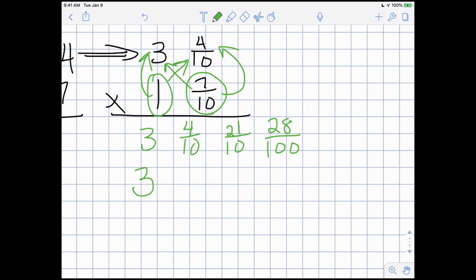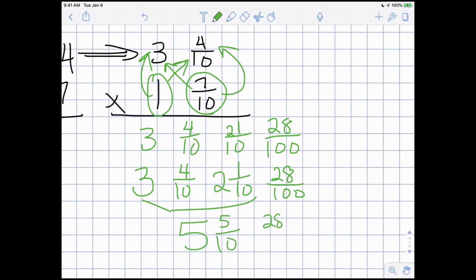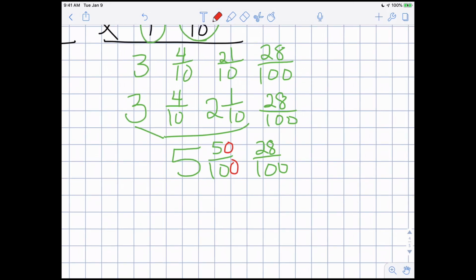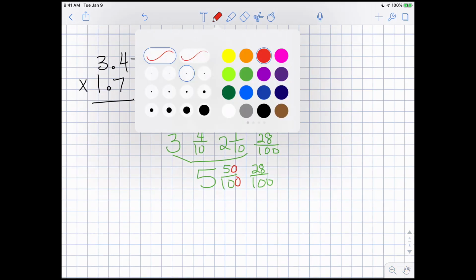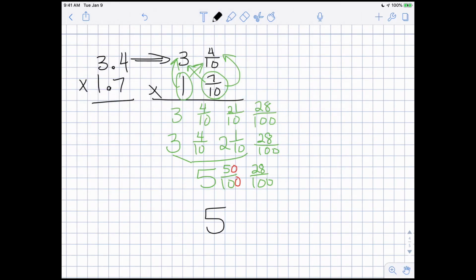So you get 3, 4/10, 2 and 1/10, 28 hundredths. Putting these together, you get 5 and 5/10 plus 28 hundredths. And that's where you get your 50 hundredths again. Kind of neat, huh? So you end up with 5 and 78 hundredths, which is equal to 5.78.